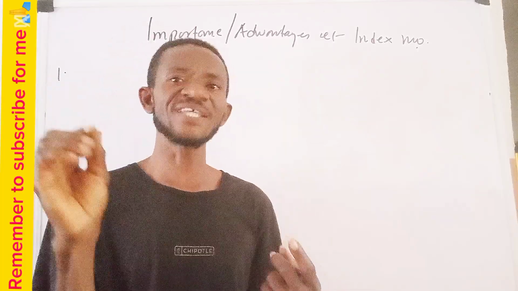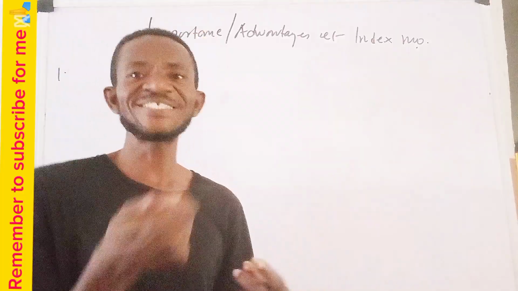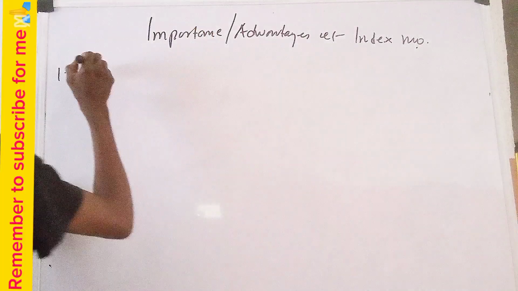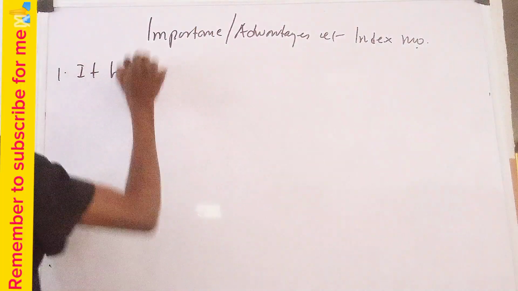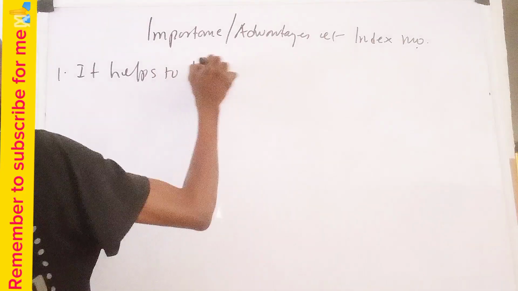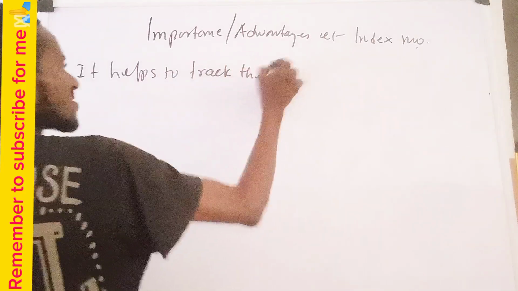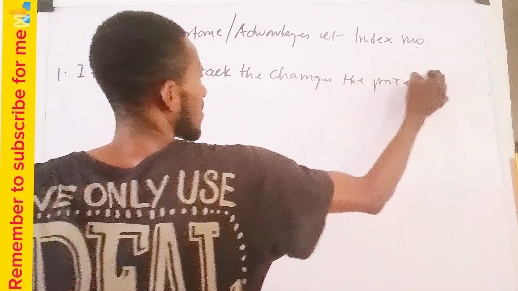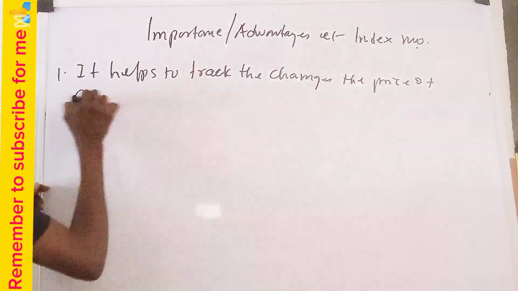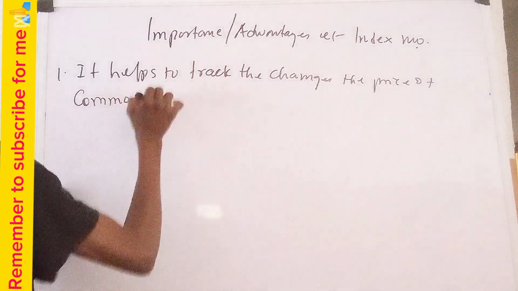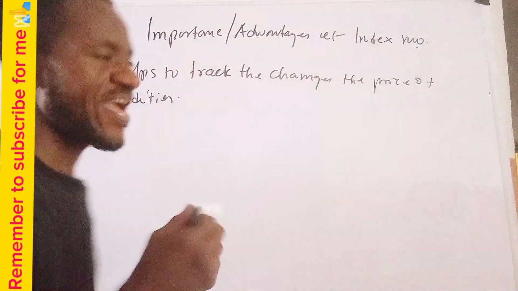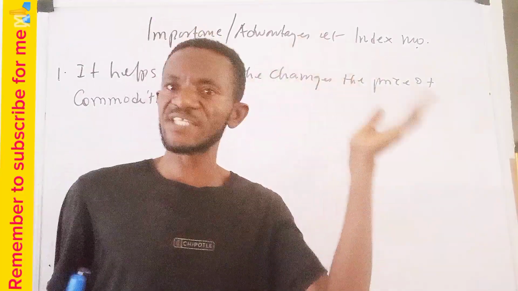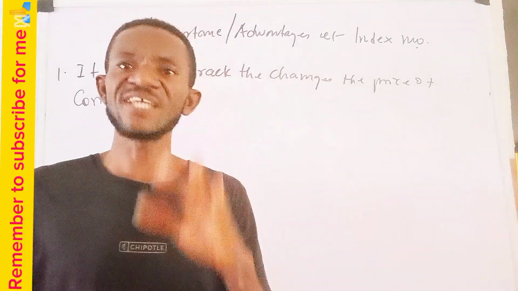Number 1, it helps to track the changes in the price of commodities. And it will be able to tell you if the price of a commodity is increasing or decreasing.